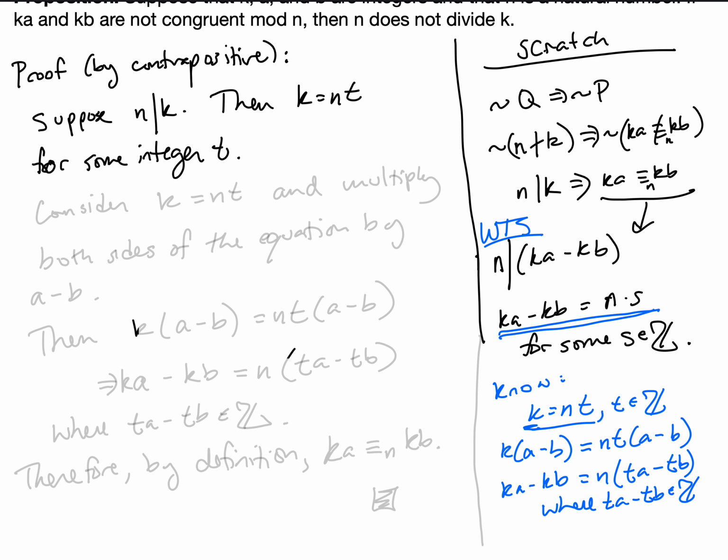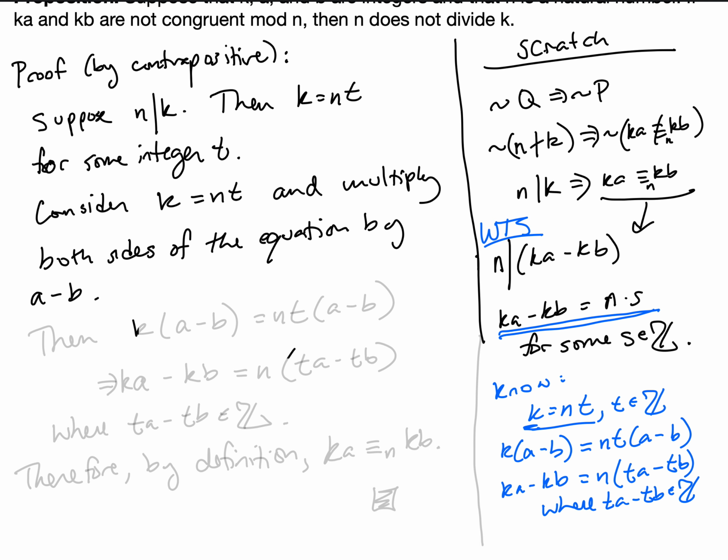So now that I've done that on the scratch paper, let's do it in the actual body of the proof. So let's consider k equals nt and multiply both sides of the equation by a minus b.